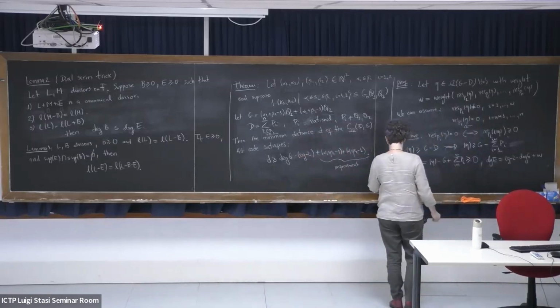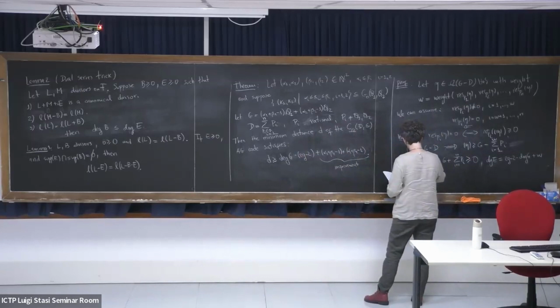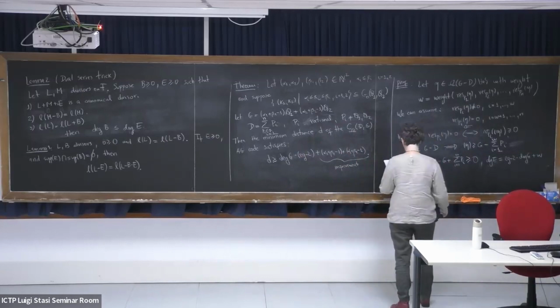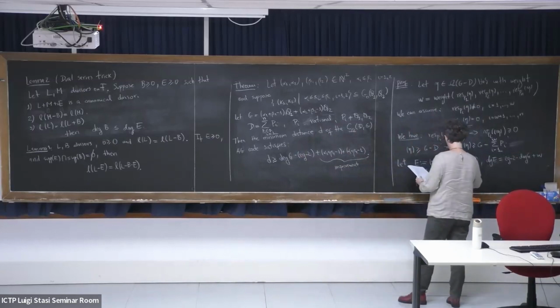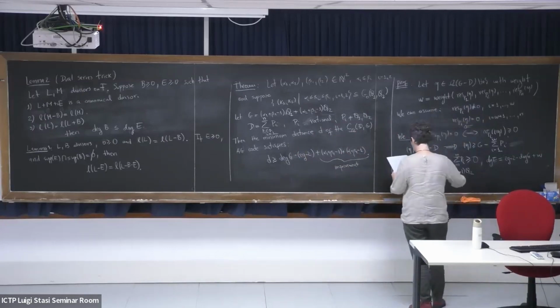Now we also define L and M. L for us will be (alpha_1 minus 1) times Q_1 plus (alpha_2 minus 1) times Q_2.